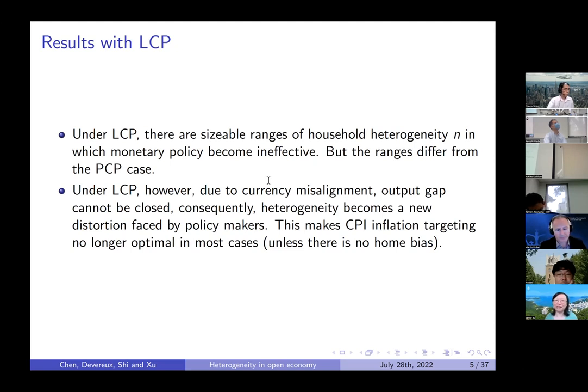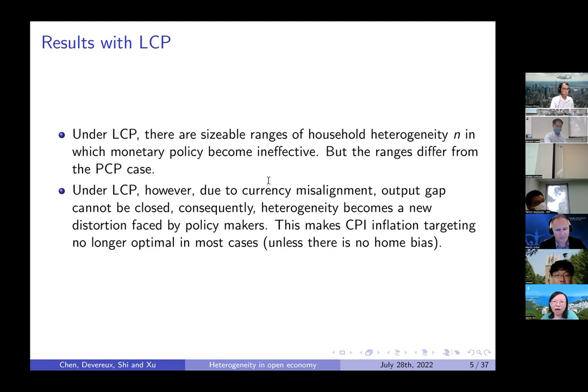As I'm going to explain later, this is because, relative to the closed economy TANK model, in open economy we have an extra terms of trade effect and relative price effect, which is going to affect the result, making it different from the closed economy TANK model, the heterogeneity model.